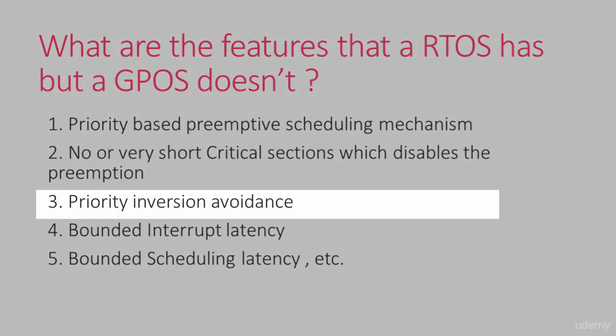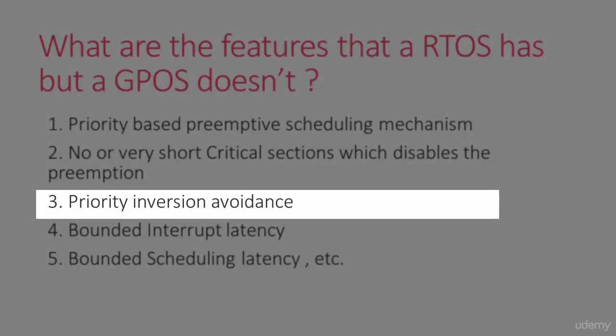And in RTOS, avoiding priority inversion is a must. Otherwise, that may lead to the failure of the system. But in the case of GPOS, the priority inversion problem doesn't add a significant problem.